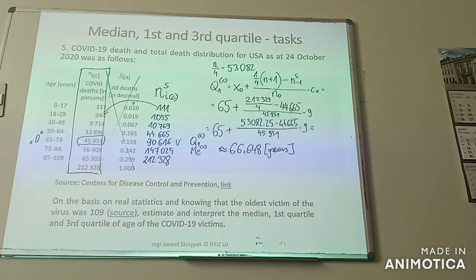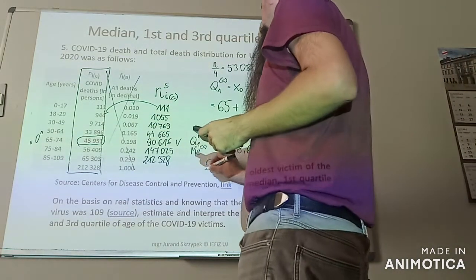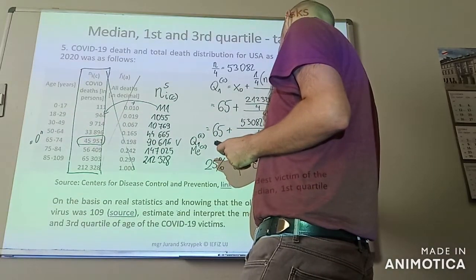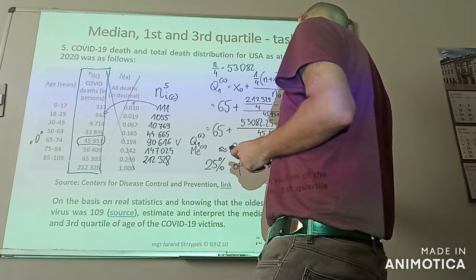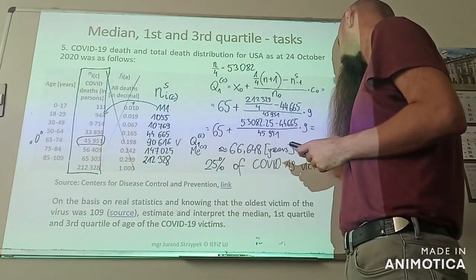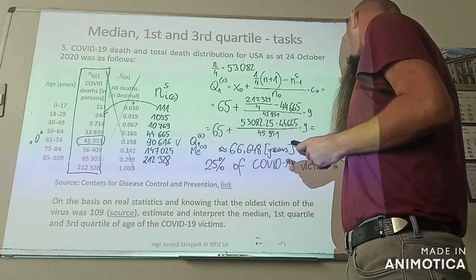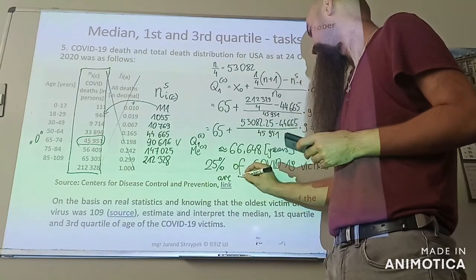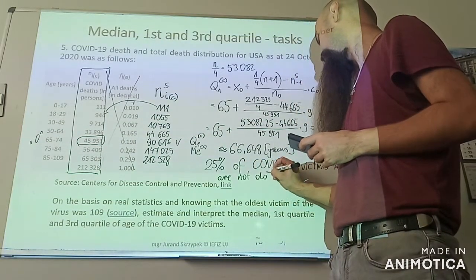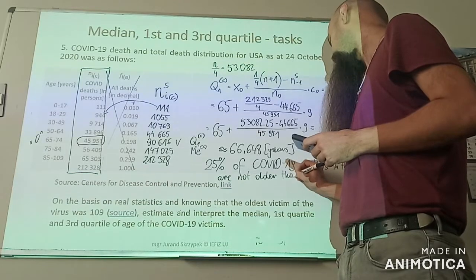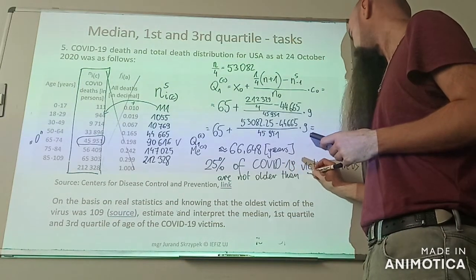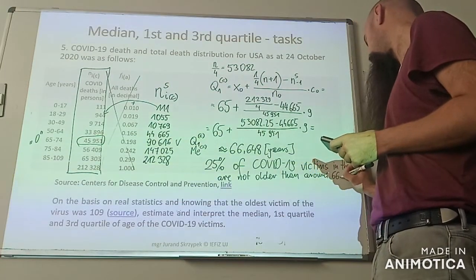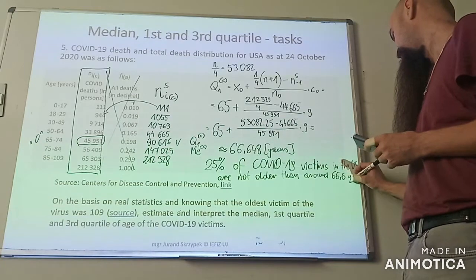What does it mean? It means that 25% of COVID-19 victims in the US are not older than around 66.6 years.